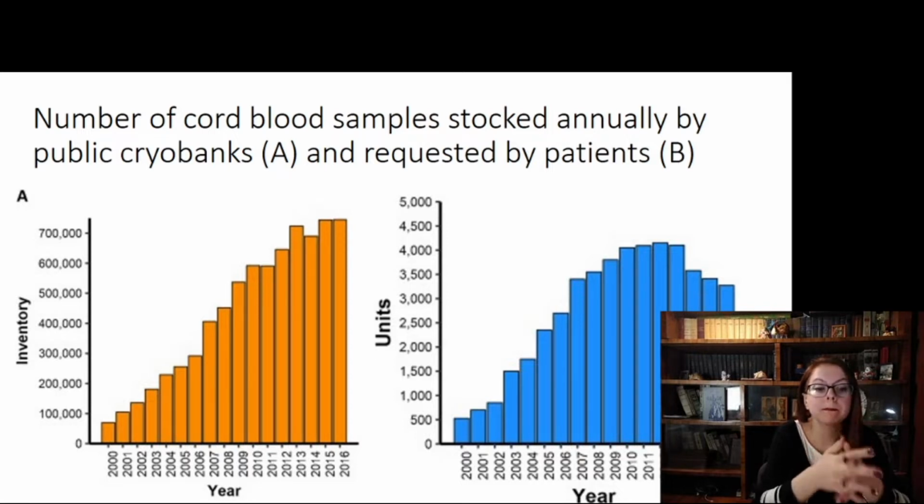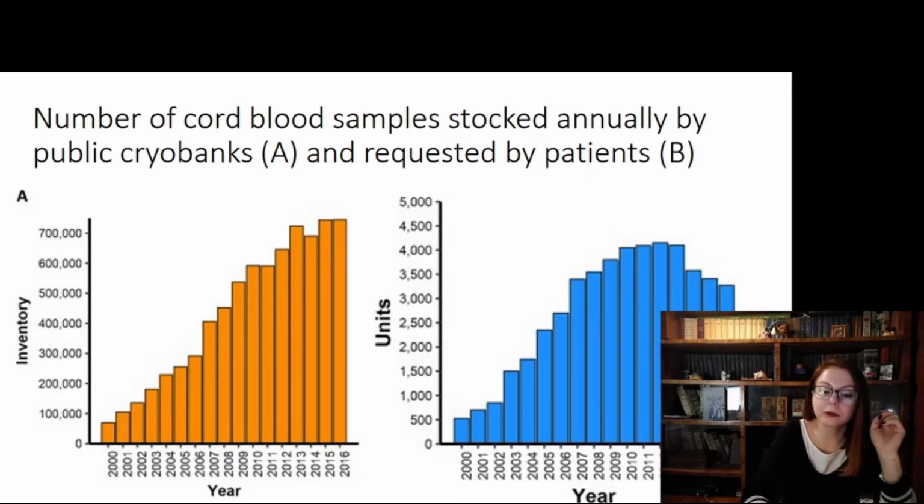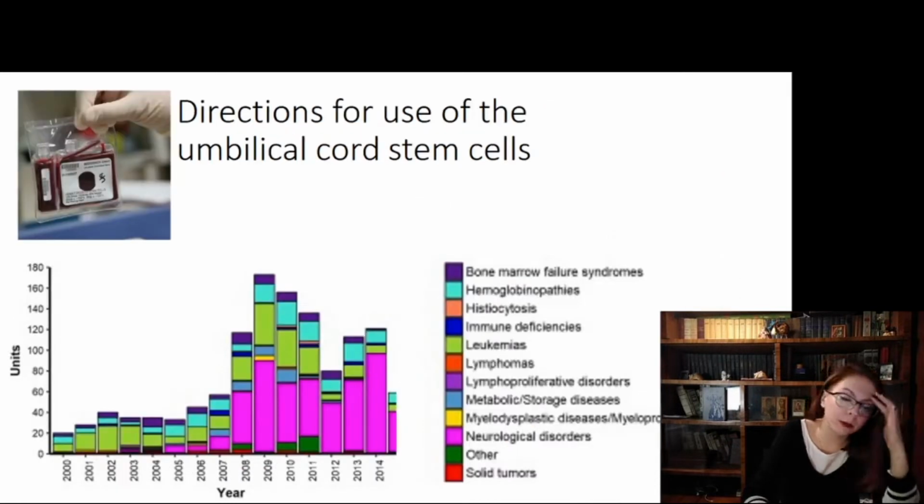That's why this type of cells is not very perspective in the future, despite it is still widely used. And another diagram I want to show you is that nowadays cord blood stored in the private cryobanks is used not only to transfuse hematopoietic stem cells, but also to treat different other diseases, for example, neurological disorders.